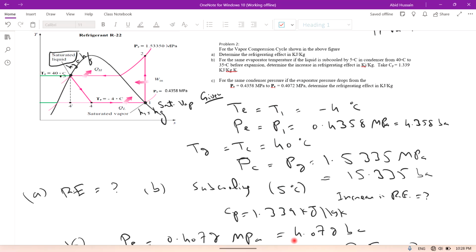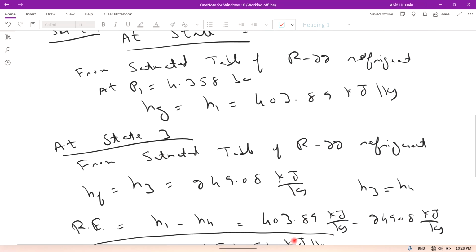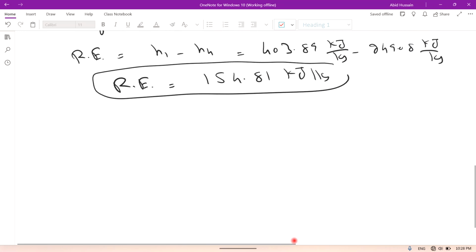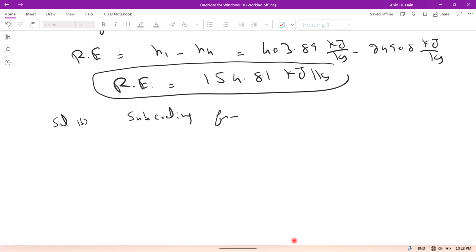Now for part B, there is subcooling of 5 degrees centigrade, which means from 40 degrees centigrade to 35 degrees centigrade.